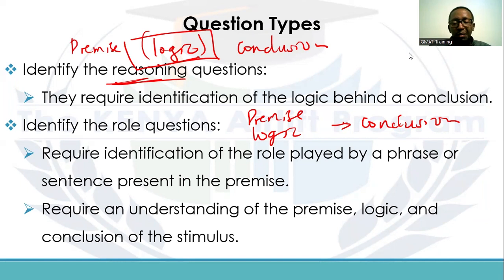And remember, this is built on attention to detail, on knowing how to spot when an answer is out of scope, meaning it lies outside the premises that we are given. It also means spotting wrong logic, when the logic presented either in an answer choice or in the question doesn't really make sense. So you need a lot of attention to detail.